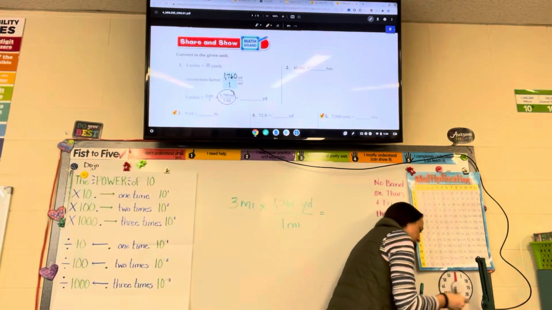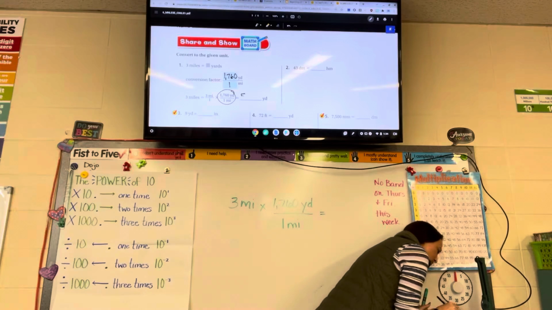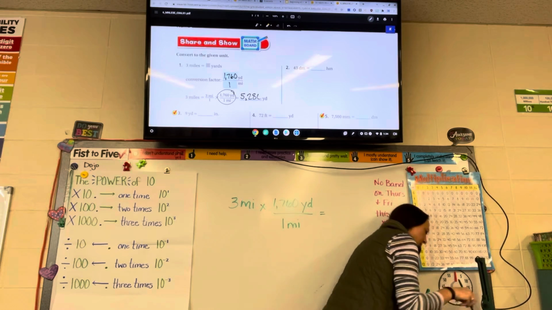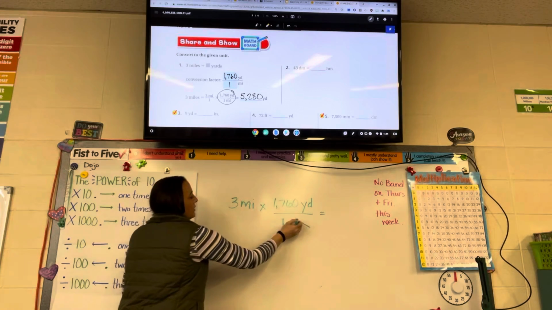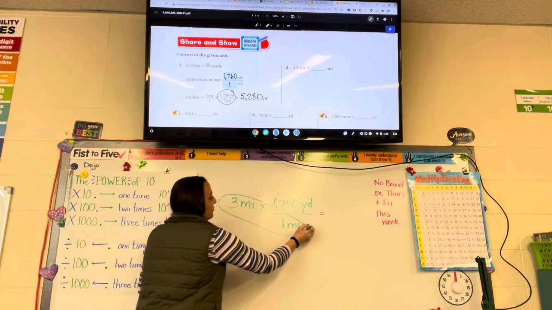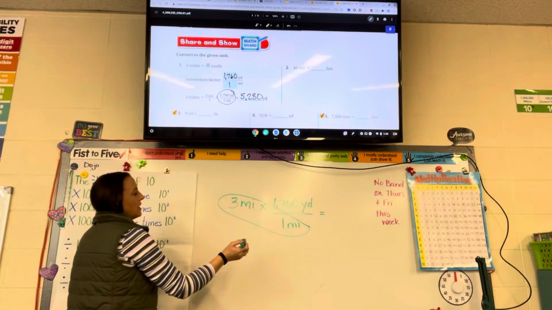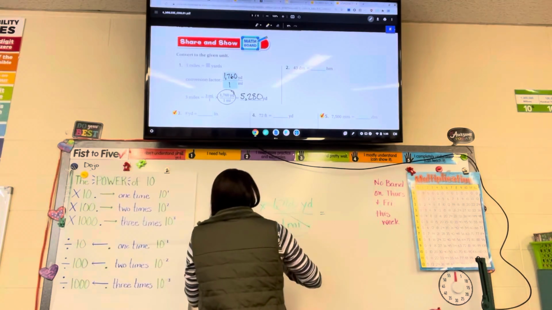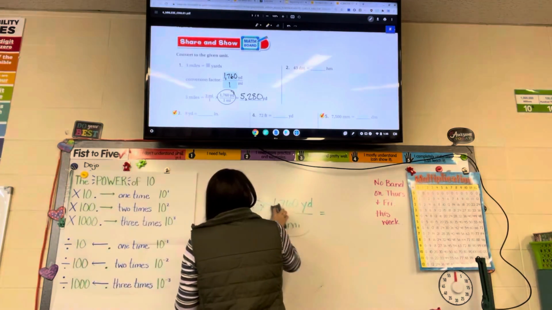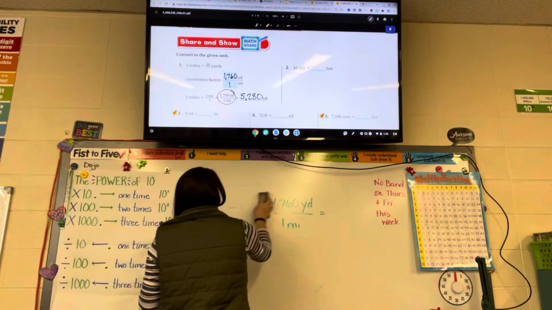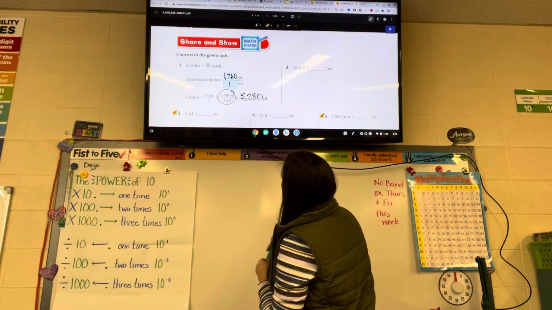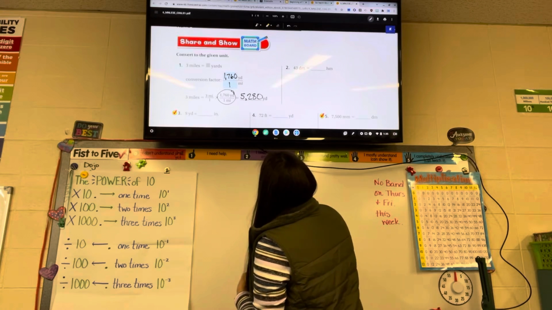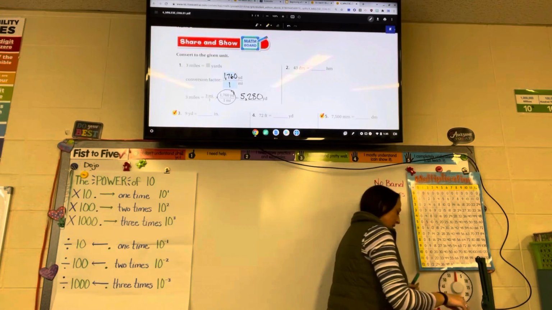Good. 5,280 yards. They've set it up where we just multiply straight across. Sorry about that. Okay, so we don't need to cross anything out in that case because we have both ones on the bottom.